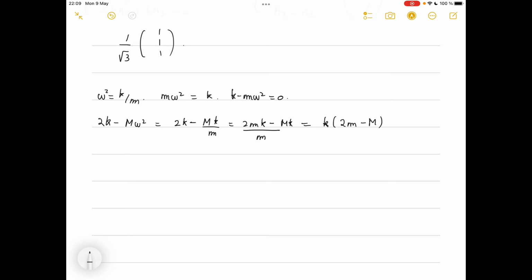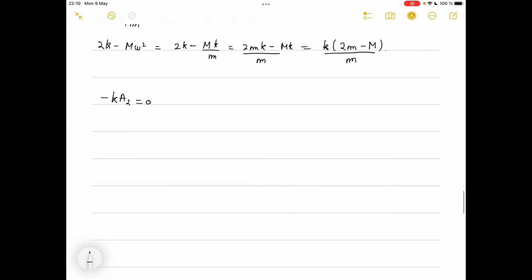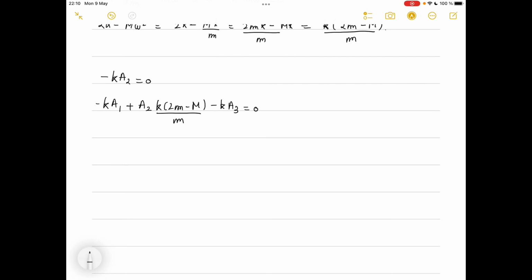If we proceed to solve the system of equations, we get minus Ka2 equals 0, minus Ka1 plus A2 times K(2m minus big M)/little m minus Ka3 equals 0, and minus Ka2 equals 0 on the bottom.